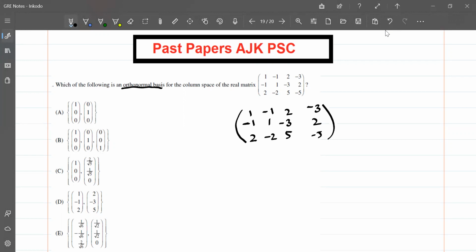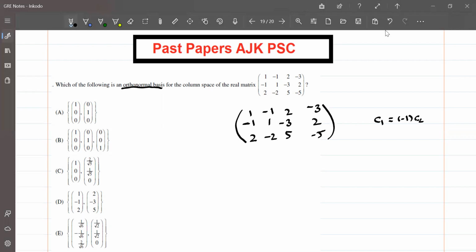First of all, students, you can see here that column 1 and column 2 are dependent: when we multiply -1 with C1 we get C2.